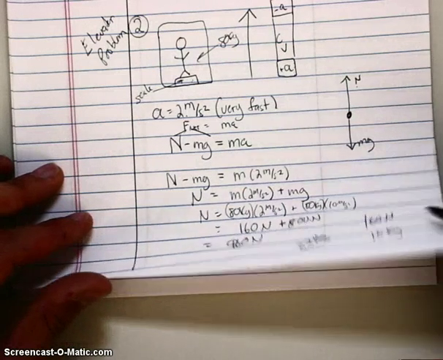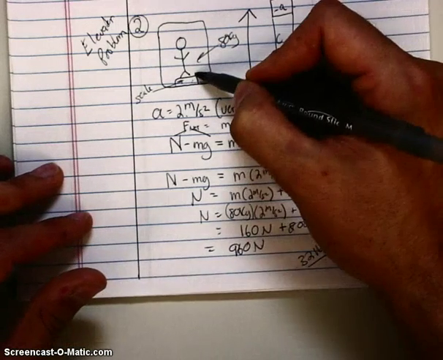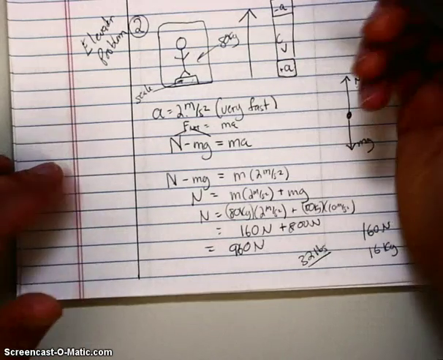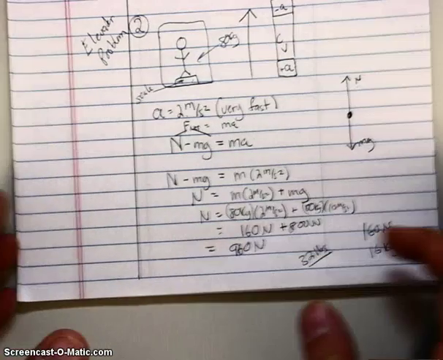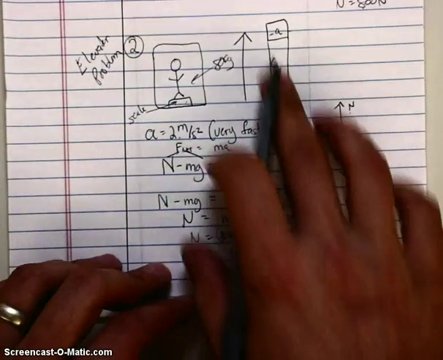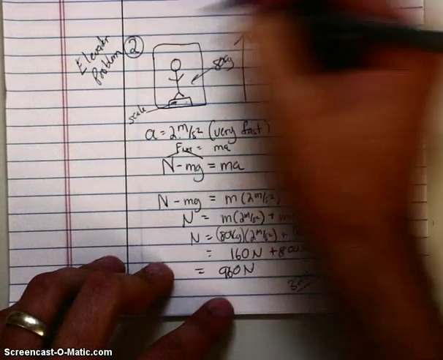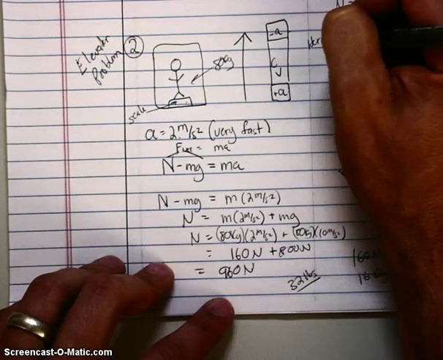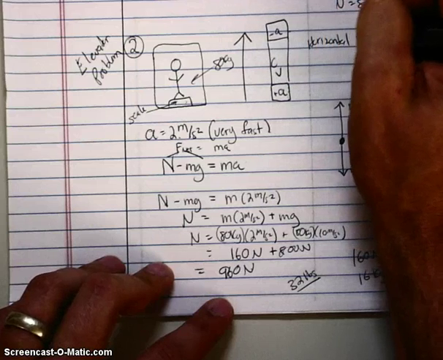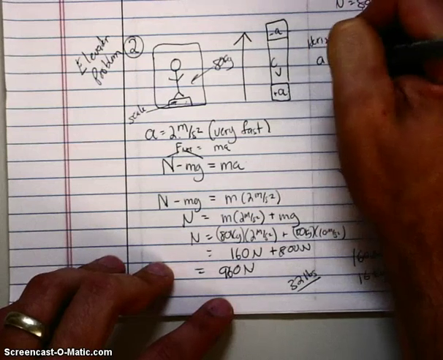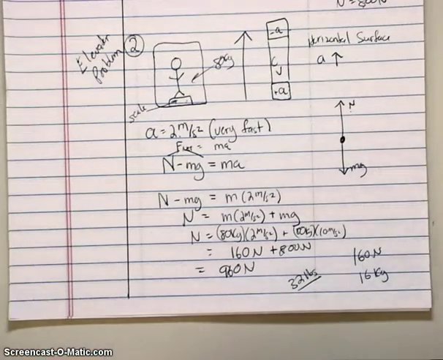Or if this person was 185, this scale would read 215. It's approximately. So this person is on a horizontal surface. So once again, this is situation 2. Horizontal surface, and it's accelerating upward. Okay? Accelerating upward. Let's go to situation 3.